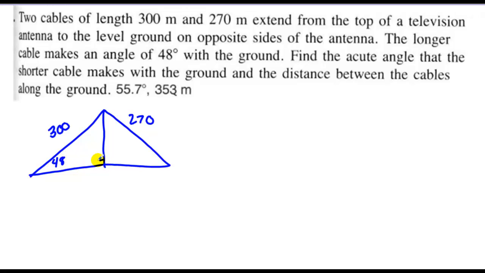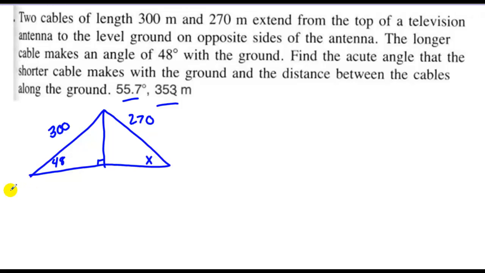Let's assume this antenna is perpendicular to the ground, and we want to find the acute angle that the shorter cable makes, so let's call this X with the ground. Here are my two answers, so we're going to be working towards these two, and then we're going to find out how far apart those guys are.